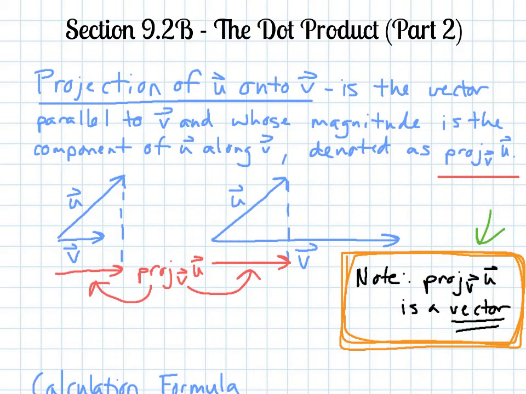So for vector u, it doesn't matter how long vector v is, but it's just going to be that kind of shadow casting down. So it's going to be the vector that's parallel, so it has the same direction as vector v, but it has the magnitude of the component that we got from vector u.